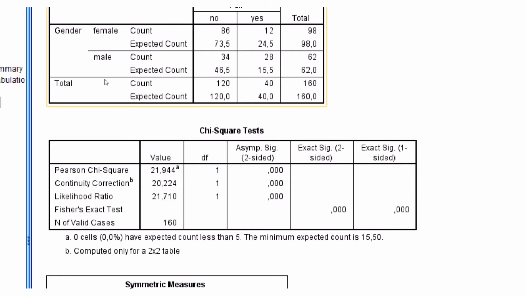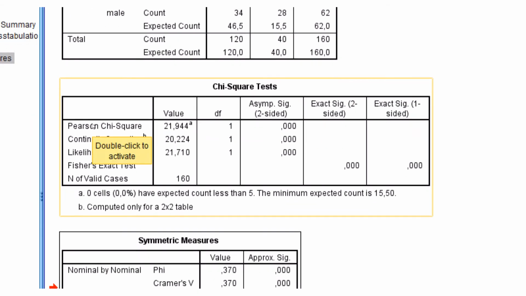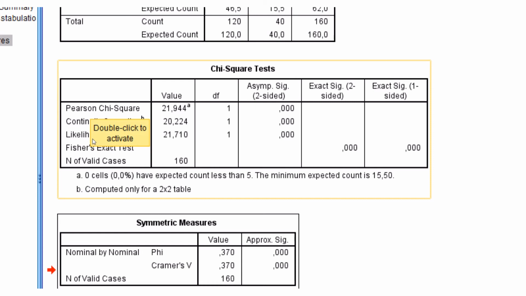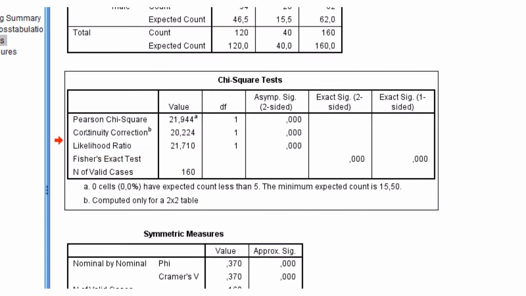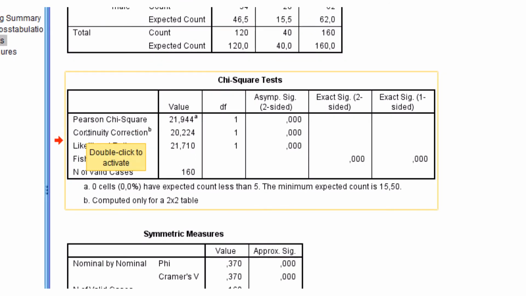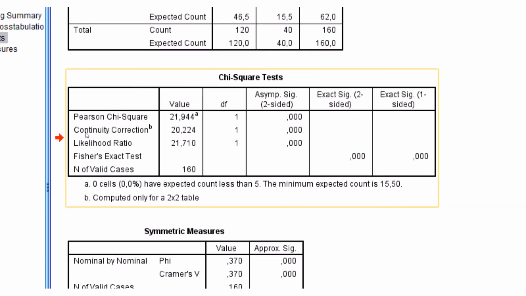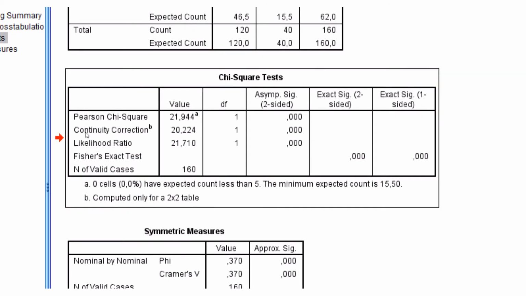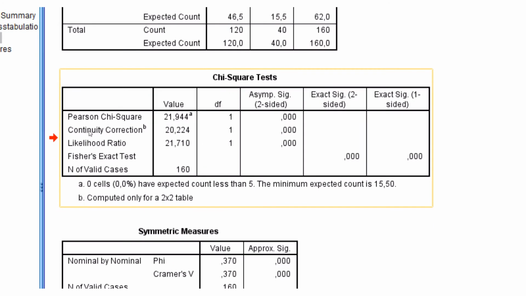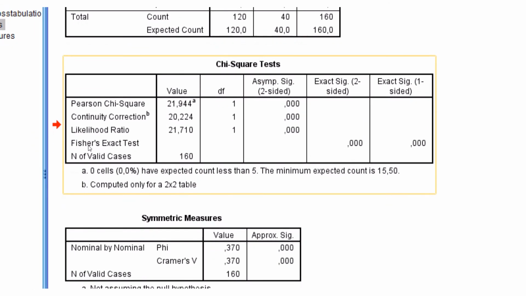So you realize that, for instance, to test the relationship between two categorical variables, you can perform the Pearson chi-square test. You can also perform the Pearson chi-square test with continuity correction. And then we can have the Fisher's exact test.